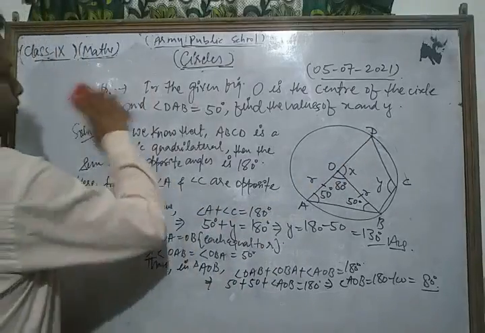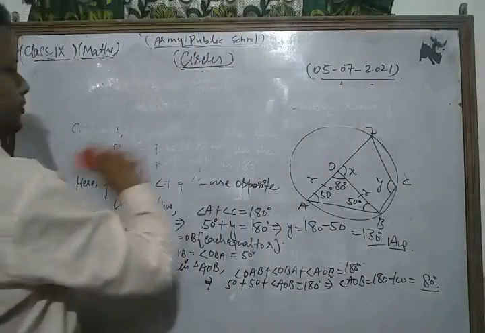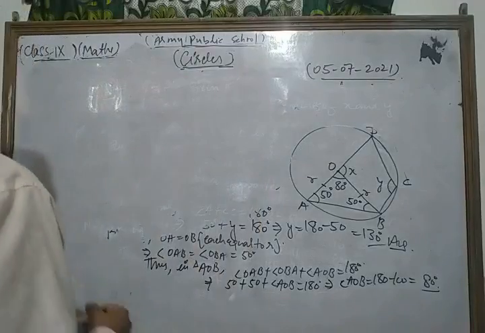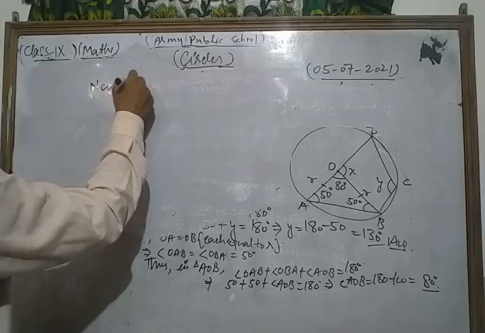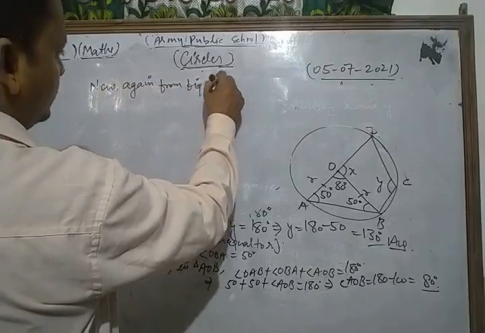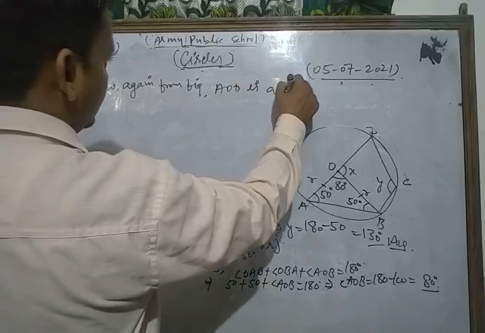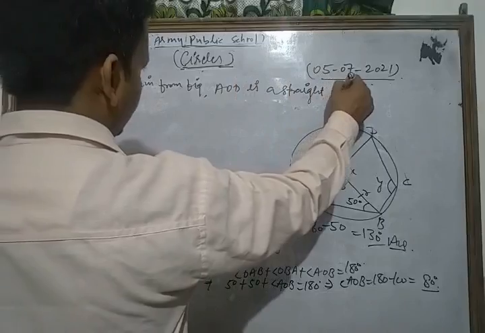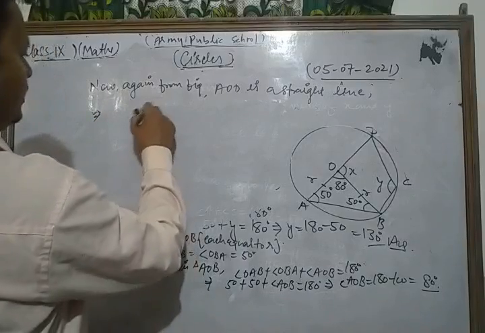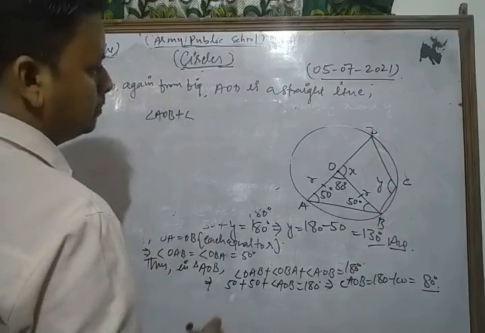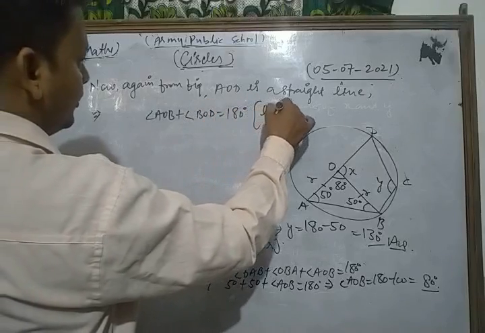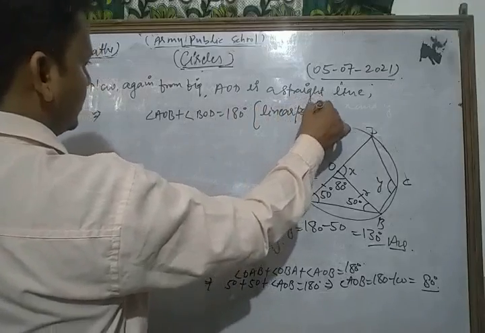Now again from the figure, AOD is a straight line, that is angle AOB plus angle BOD is equal to 180 degrees because they form a linear pair.